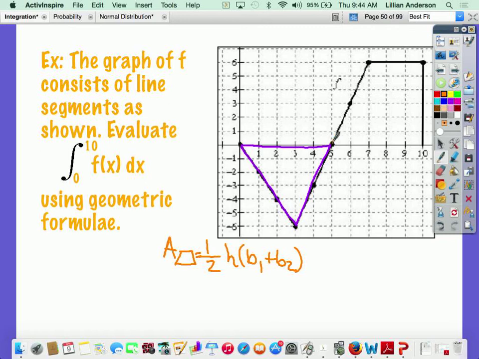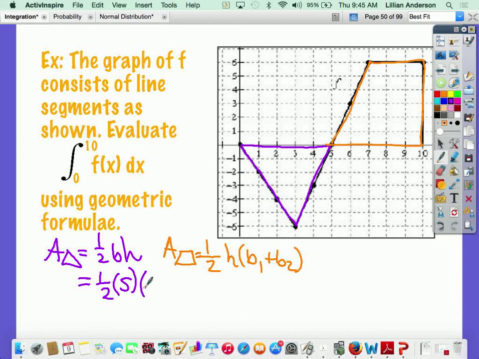Okay? But again, you can always break it down into another triangle and a rectangle. What's the area of a triangle again? 1/2 base times height. So to find from 0 to 10, we have to basically find the area from here and the area here. So, 1/2. What's my base? 5.